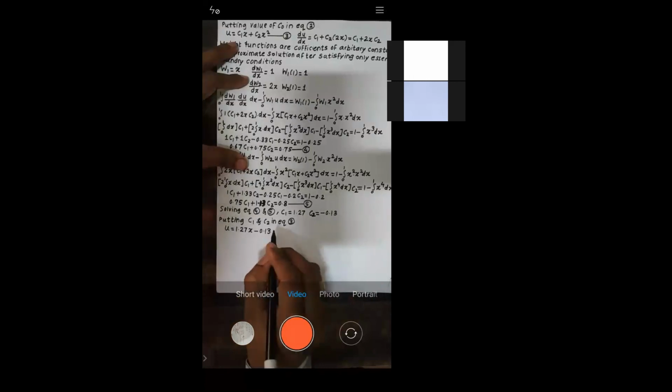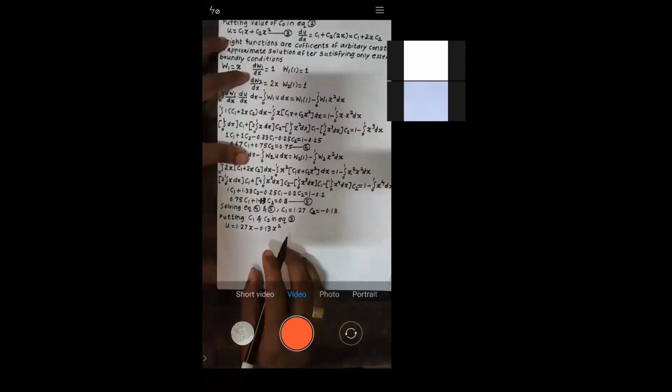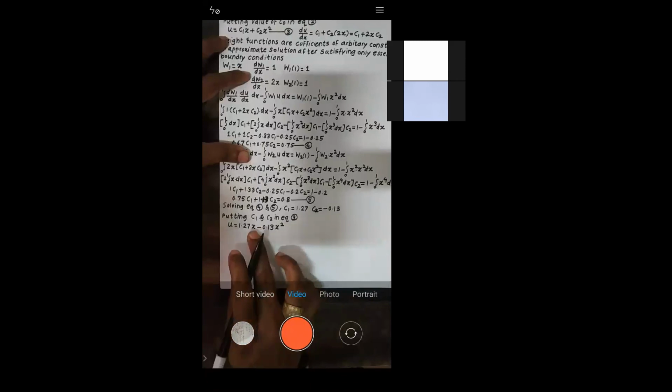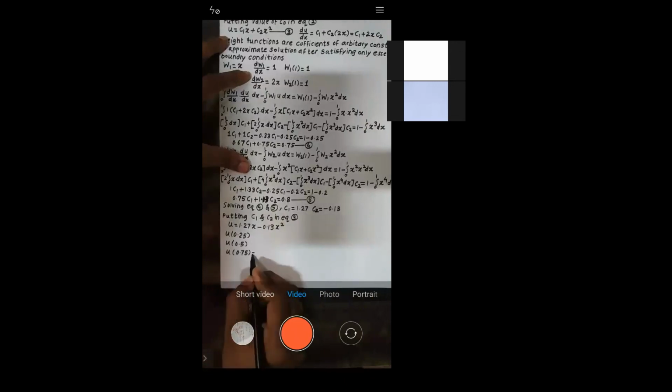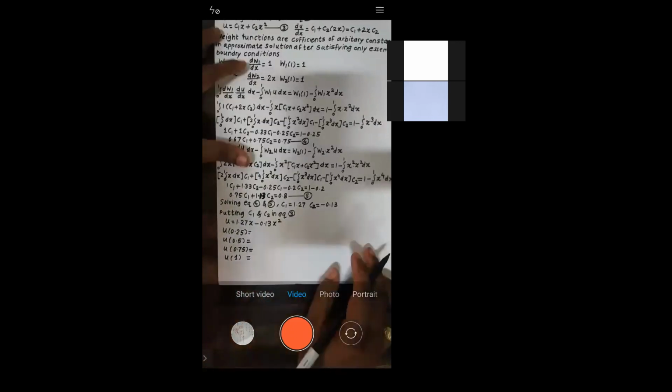Is it okay? I put this value in equation number 3. So you can calculate U at 0.25, U at 0.5, U at 0.75, and U at x equal to 1. Is it okay? So just calculate and let me know the answers, right?